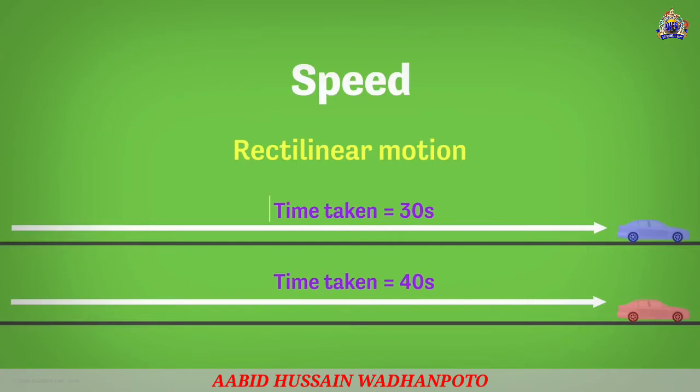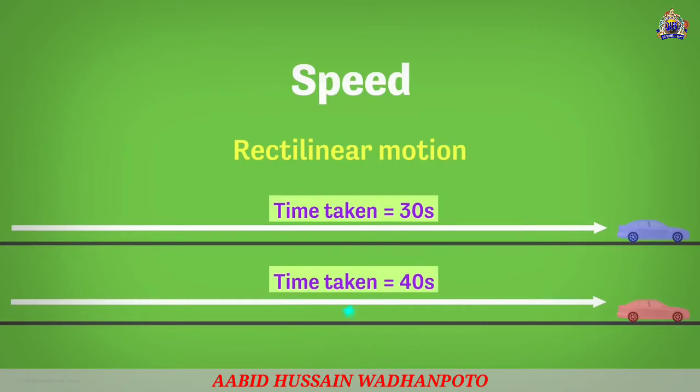So we can say that the speed of the first object is more than the speed of the second object, because the first object took less time than the second object.